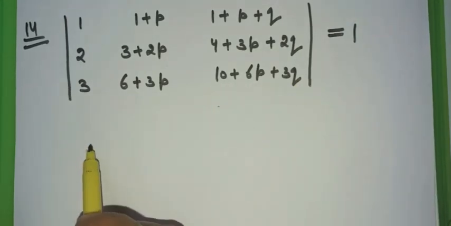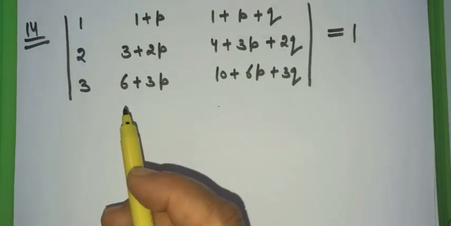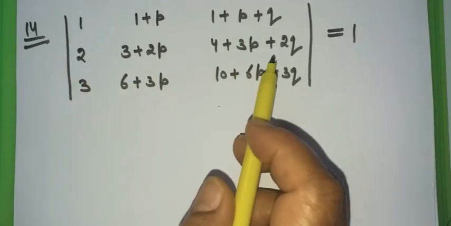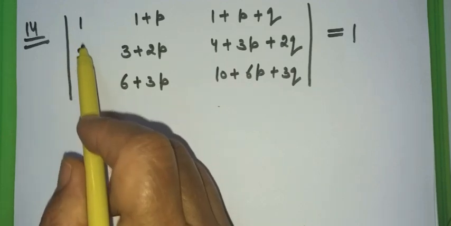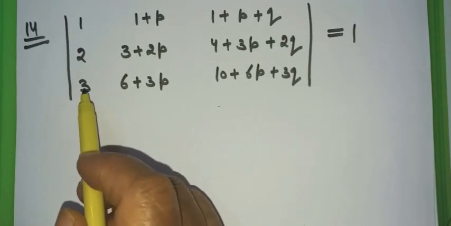So now students, please think about which operation or property of determinant we should apply here. Most of the time we concentrate on the first column whenever it is the simpler part. So I should try to make one or two elements of any row or column 0.